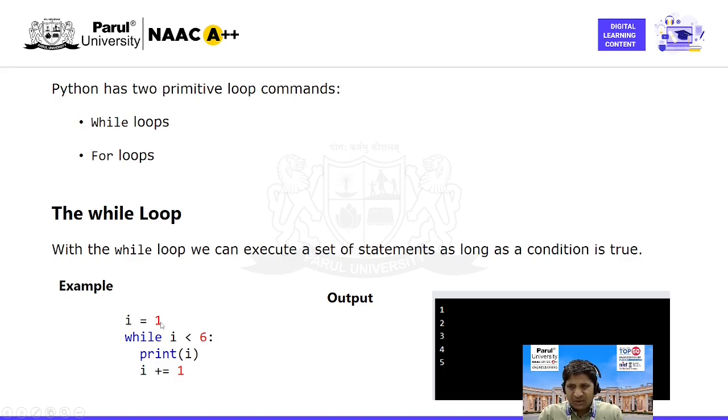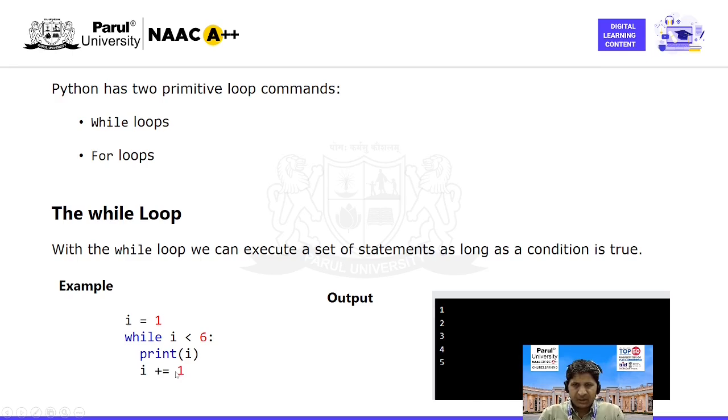Check: i is equal to 1, while i is less than 6. Yes, true, because the value of i is 1 and 1 is less than 6. Print i. You can see the output, 1 is printed here. And i += 1. What is this? This is a composite assignment operator.